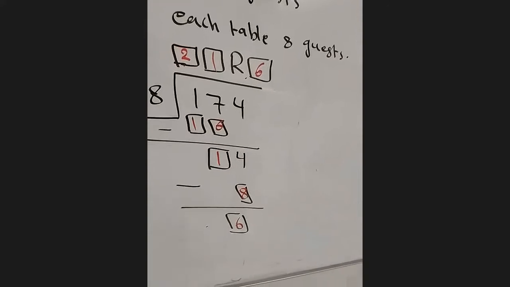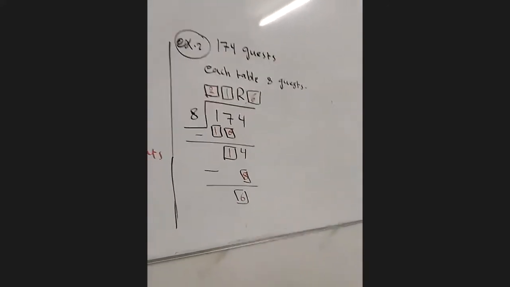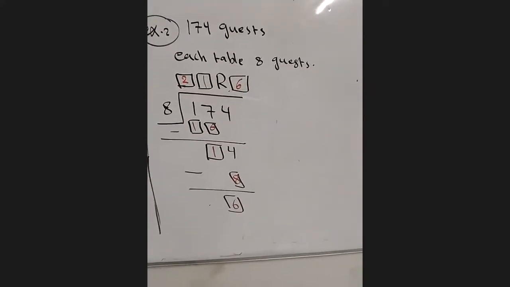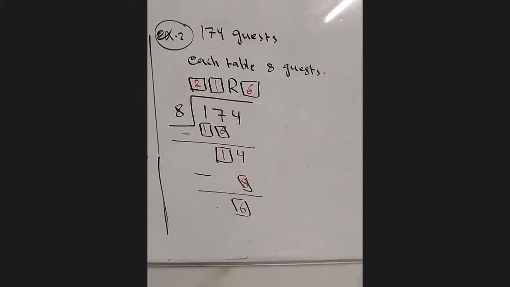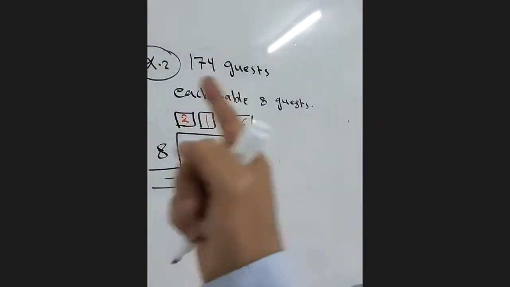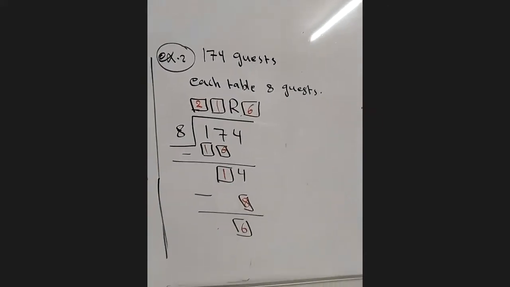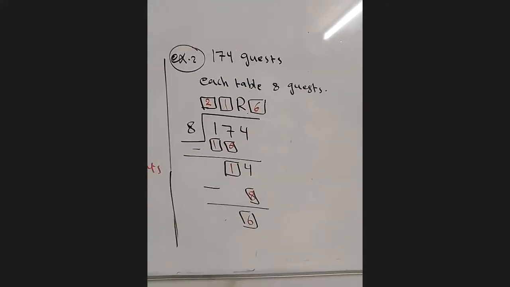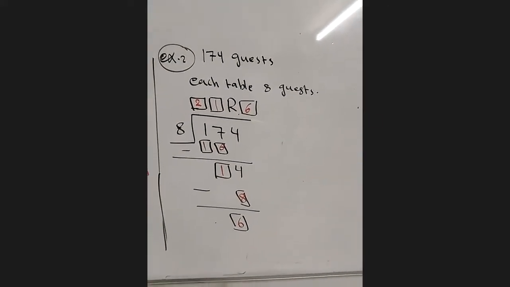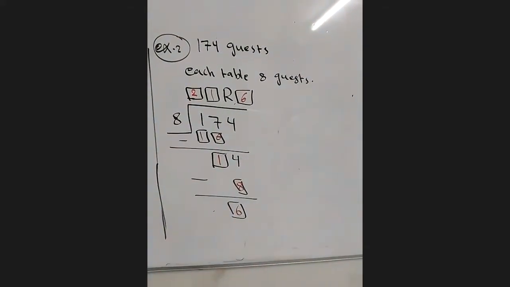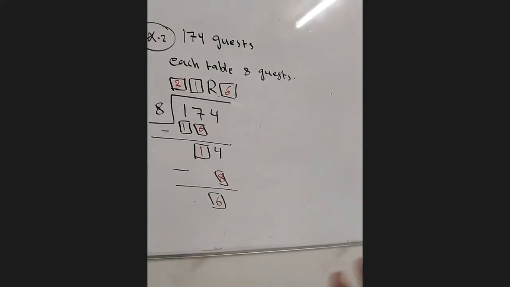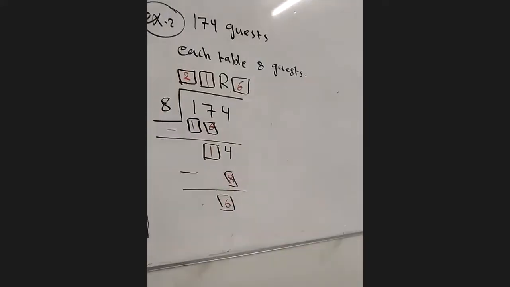If you have a party in your home, Mr. Omar, let's assume you have invited 174 guests to your party, and you have 21 tables, but still 6 of your friends are standing.